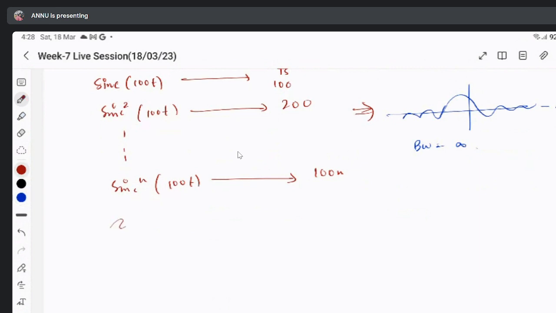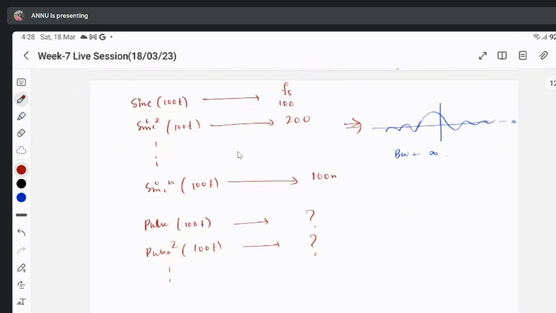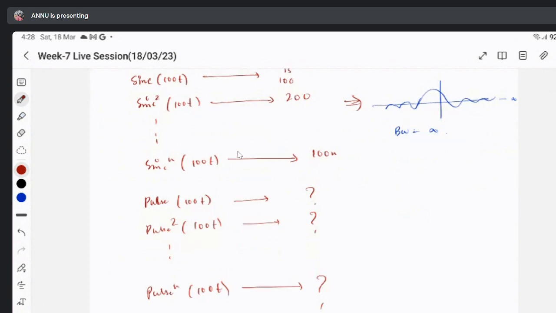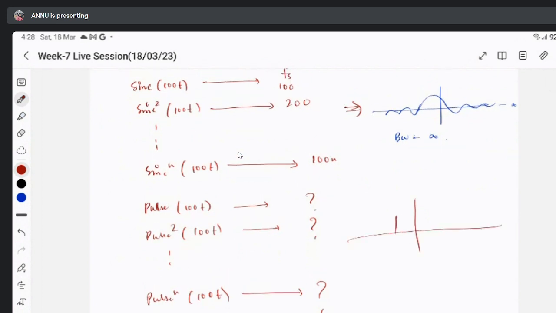And then pulse 100t, you will have fs of what? Then pulse square 100t, you will have fs of what? Similarly, pulse n 100t, you will have fs of what? And here the bandwidth is limited.